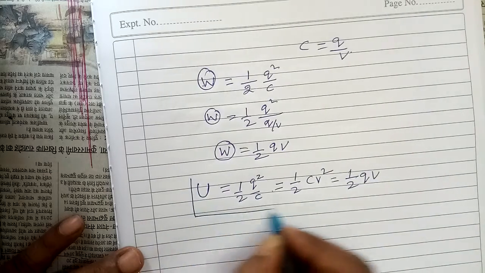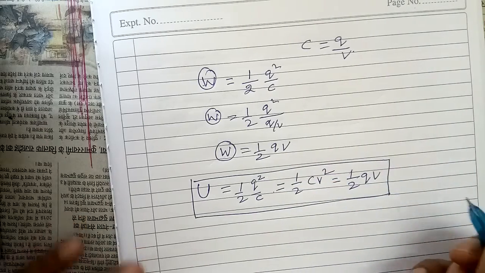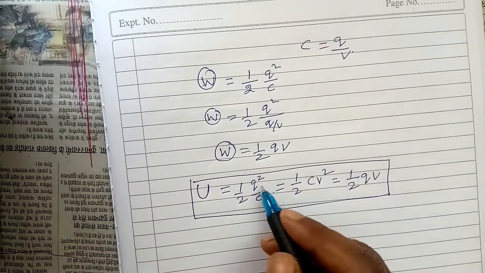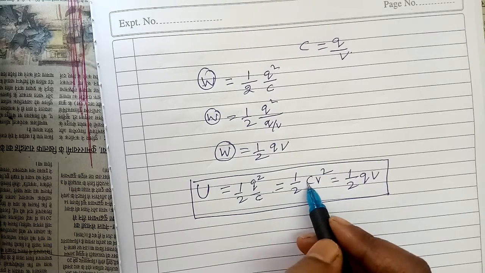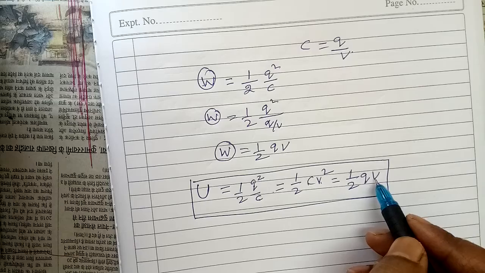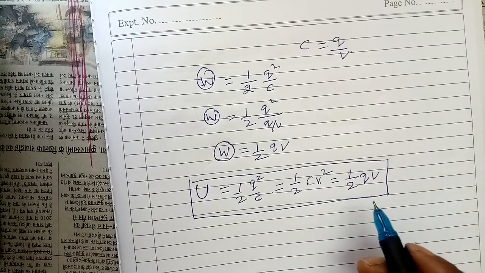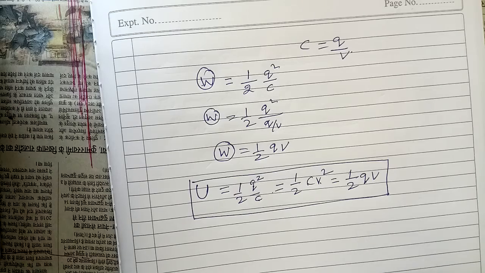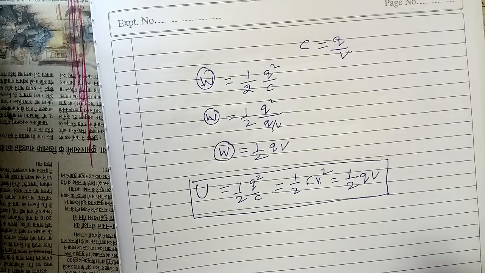So these are all expressions for energy stored in a capacitor, having different terms, one in respect of q and C, another in respect of C and V, and another in respect of q and V, which will be required for solving numericals when different quantities are given.